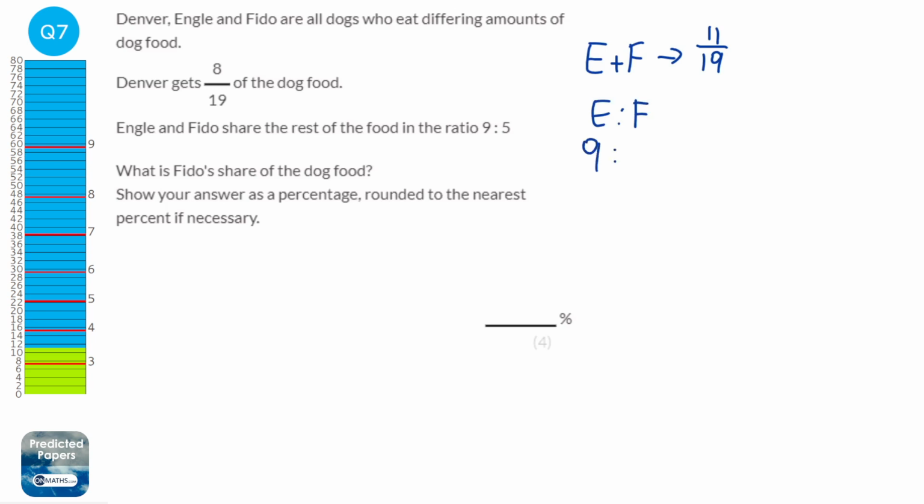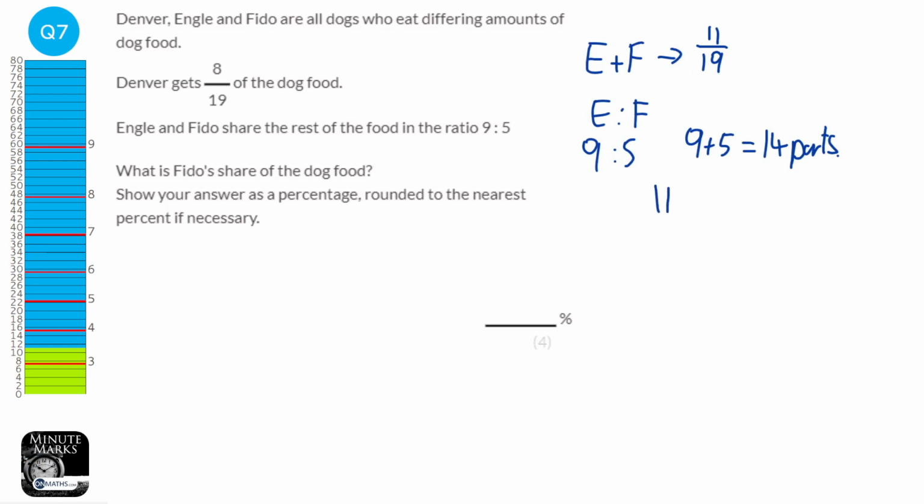So it's 9 to 5. And let's have a look and see, well, first of all, how many parts there are all together. So 9 plus 5, which is 14 parts. So there are 14 parts in total, and the share that they get is 11/19.